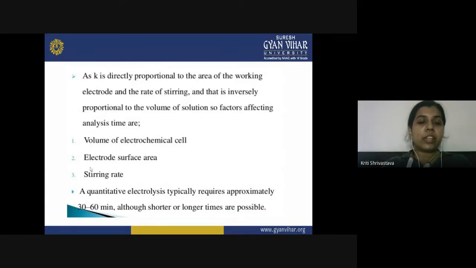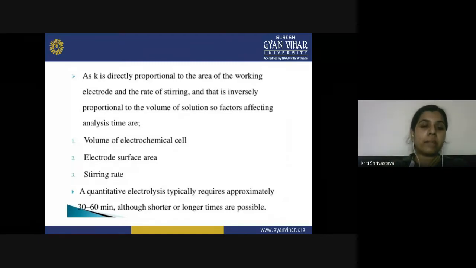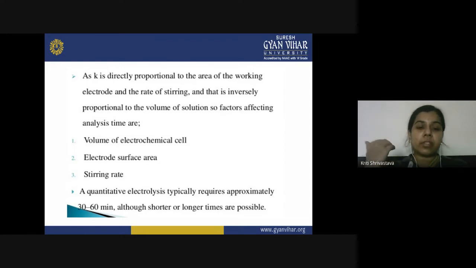The stirring rate should be really high, so that the ions are available at the electrode surface all the time, and it will take less time to complete the electrolysis. The higher the electrode surface area, the faster the electrolysis, and the smaller the volume of the electrochemical cell, the greater the number of ions available for the electrode surface area at a given time, so your electrolysis will be faster.